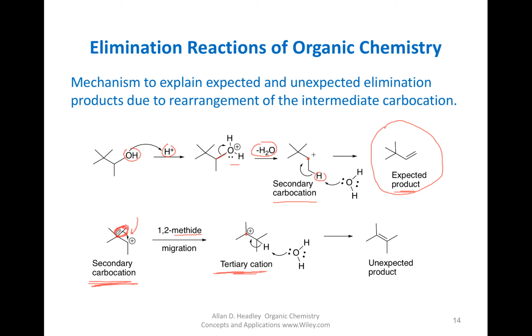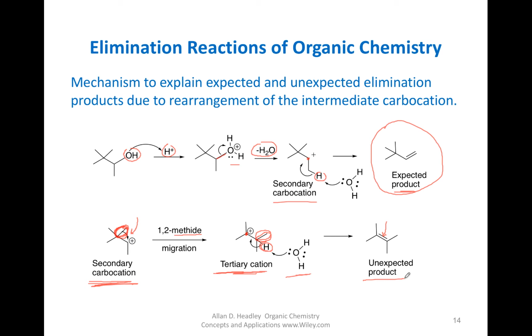So this methyl group has moved, and here it is. And what's left behind is a tertiary carbocation. As expected, water, being a base, can abstract this hydrogen as a proton. These electrons can swing in to form the double bond, and this is the unexpected product.